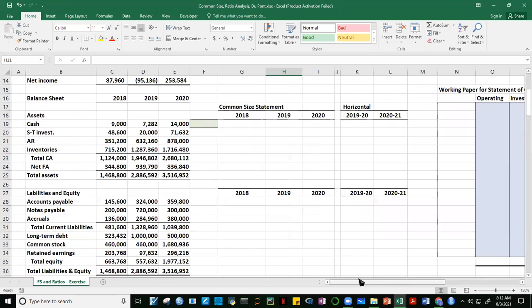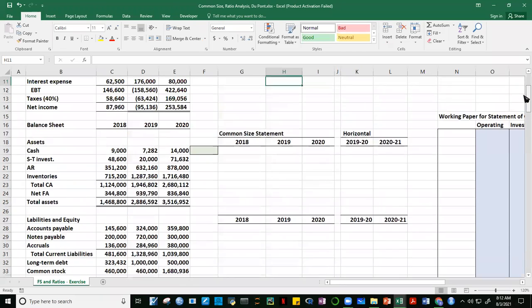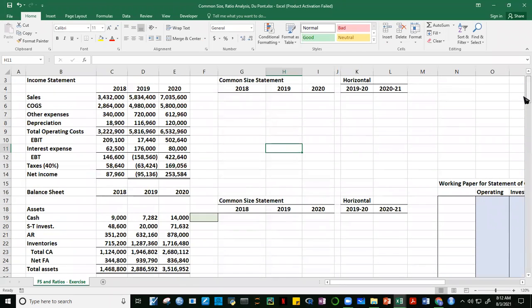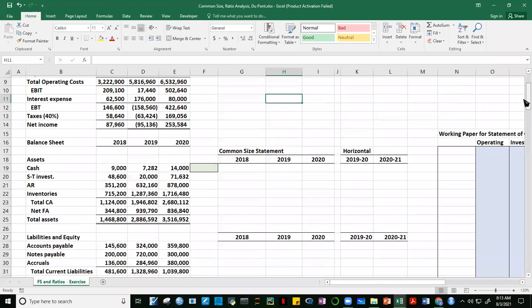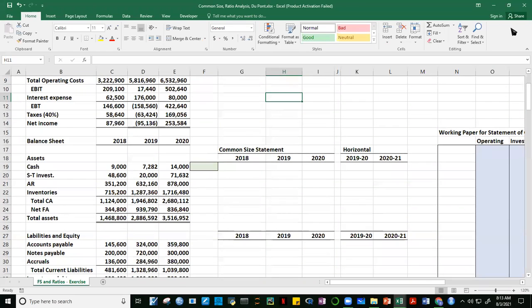Tanong, pwede ba natin siya magawa? Pwede ba natin magawa yung statement of cash flows for 2020? Kindly chat, please, guys, kung yes or no. Can we construct the statement of cash flows for 2020?